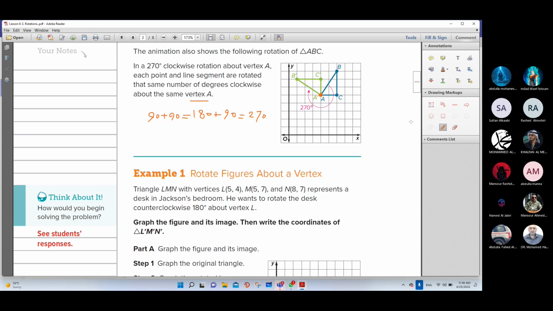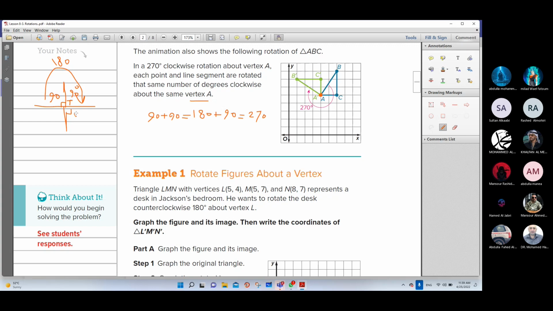So it means if you have this is 90, and if you add 90, you will get 180. Now here you have 180. If you add 90, the angle will be where? Will be here.